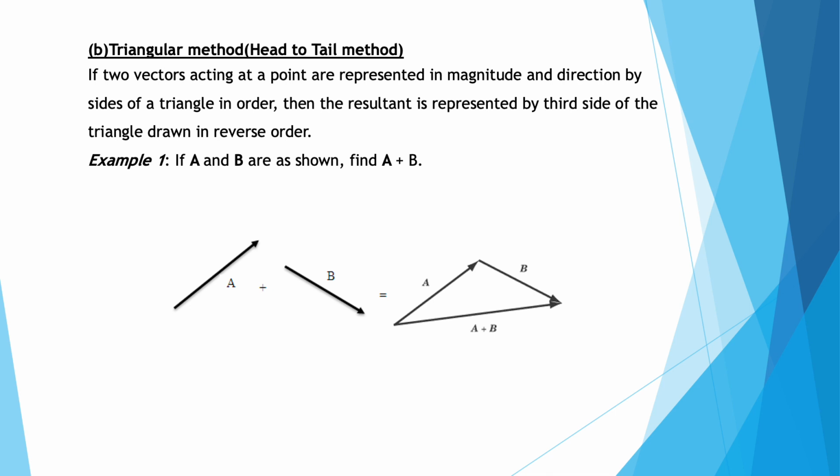After that, we have to draw the third vector, and the resultant vector has to maintain a reverse order. Here it is shown as the direction of A plus B.